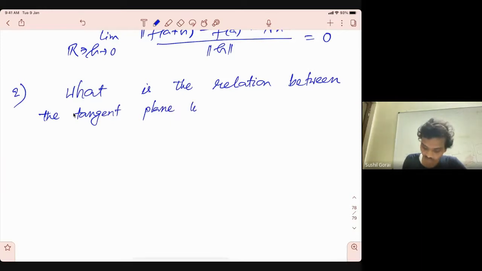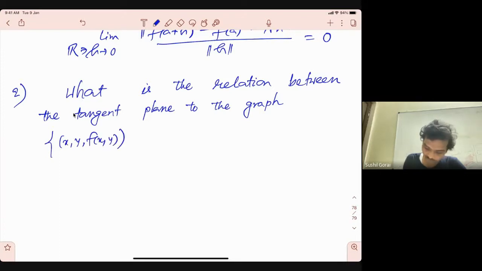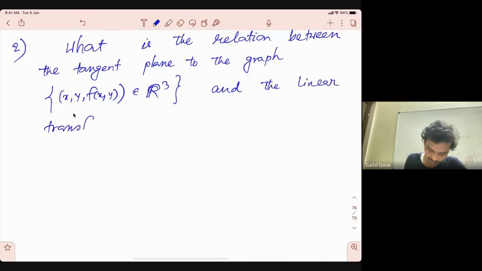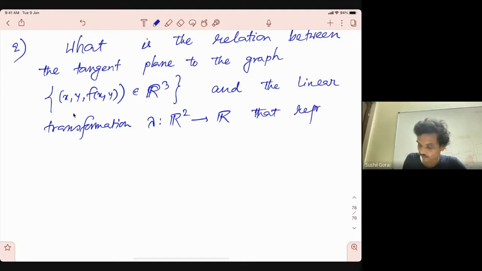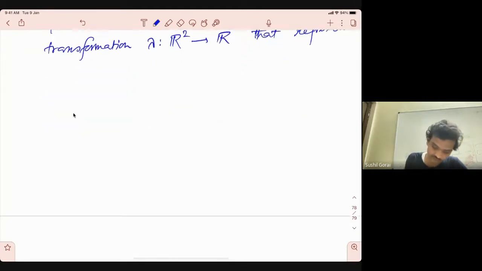to the graph x, y, f of x, y, right? In R3, and the linear transformation lambda from R2 to R that represents the derivative.